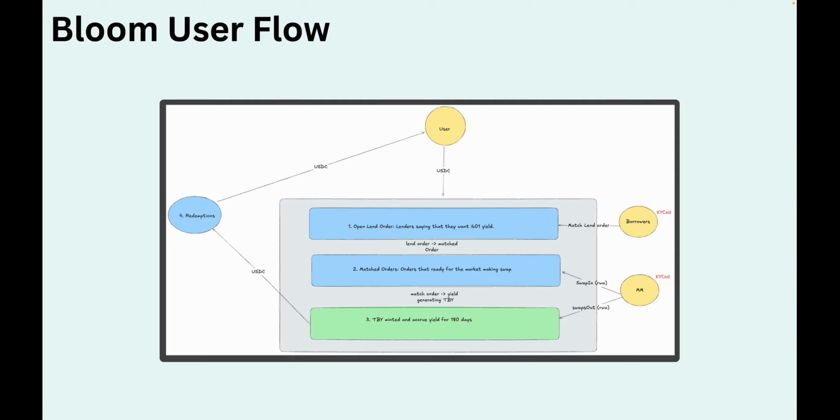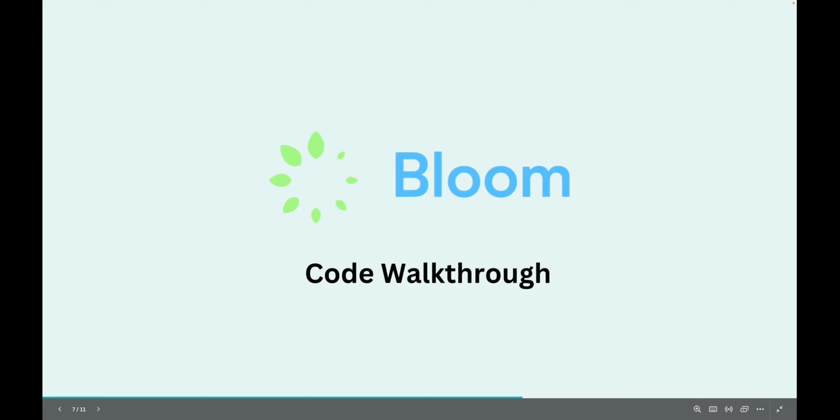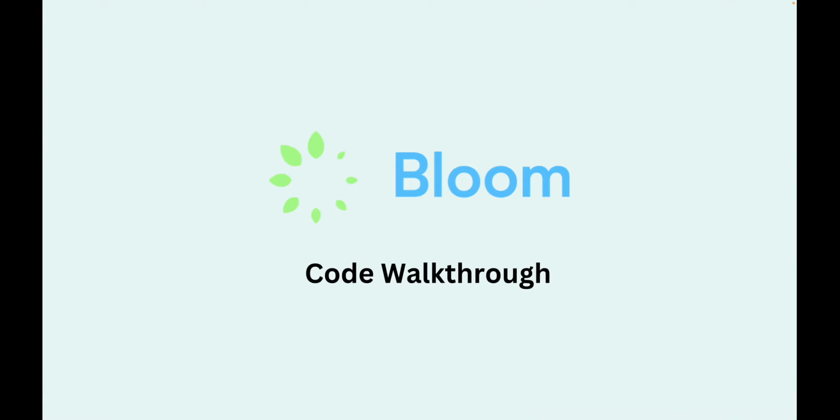At the end of the yield generating process, market makers will return and swap out the BIB01 token with USDC, stopping yield from accruing for both lenders and borrowers. At this point, the TBYs are eligible to be redeemed by lenders, and borrowers can also redeem their collateral plus any yield accrued. Now, let's walk through the Bloom v2 codebase.